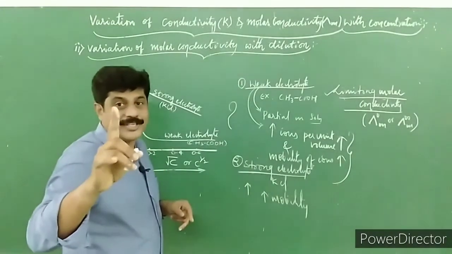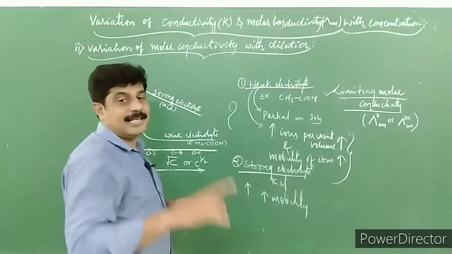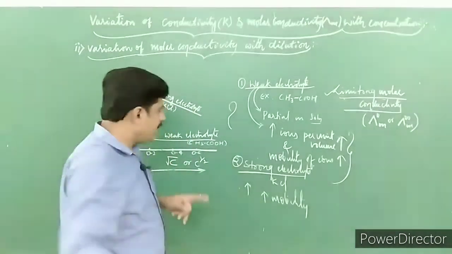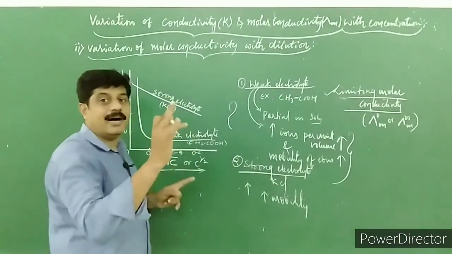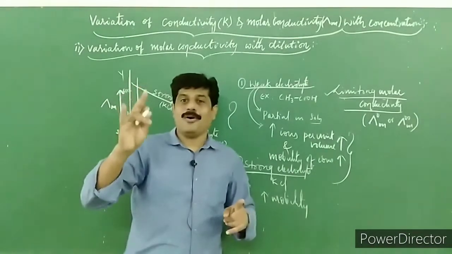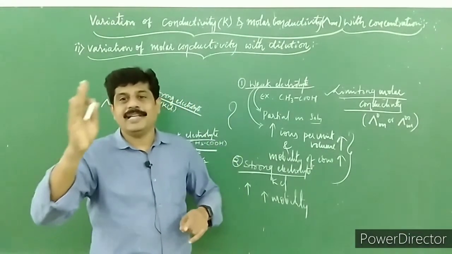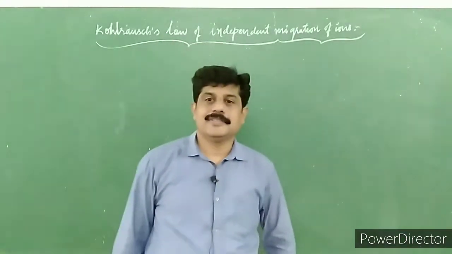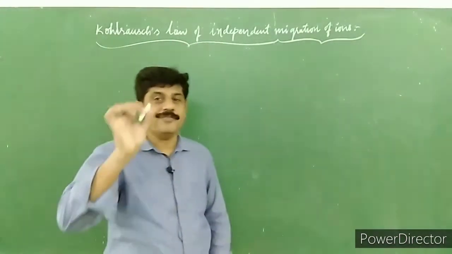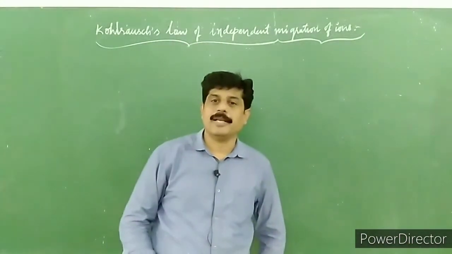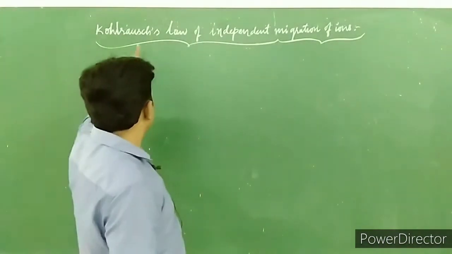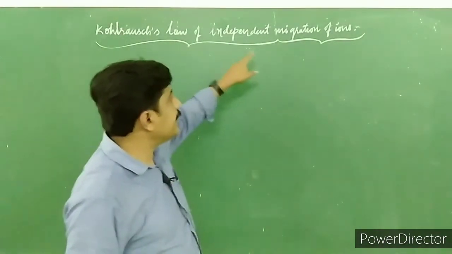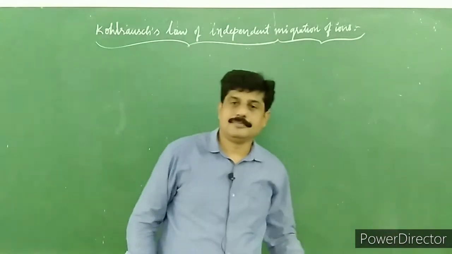Children, of course, you can calculate limiting molar conductivity for weak electrolyte by a law called Kohlrausch law of independent migration of ions. Let me take up one of the very important topics for the board examination, that is Kohlrausch law of independent migration of ions.